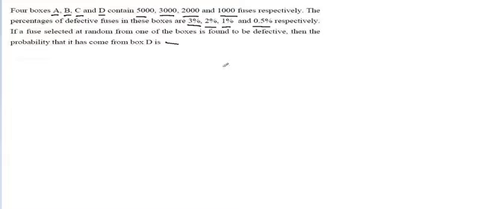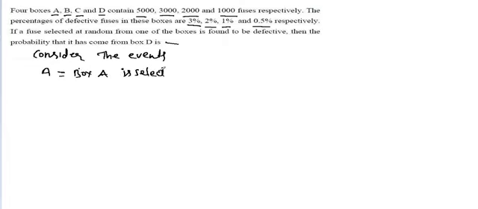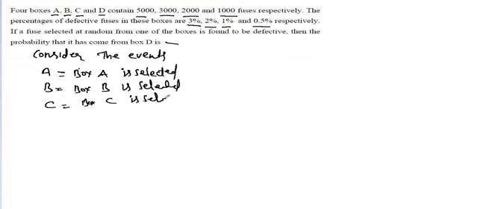First we consider the events: A, box A is selected; B, box B is selected; C, box C is selected; and D, box D is selected.